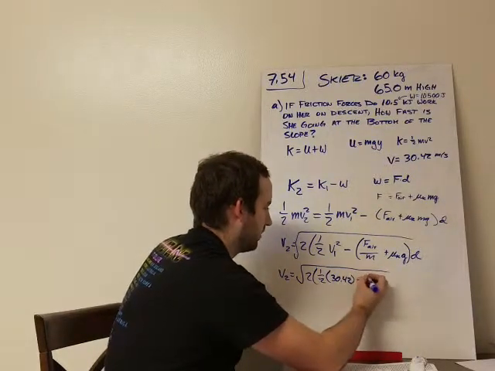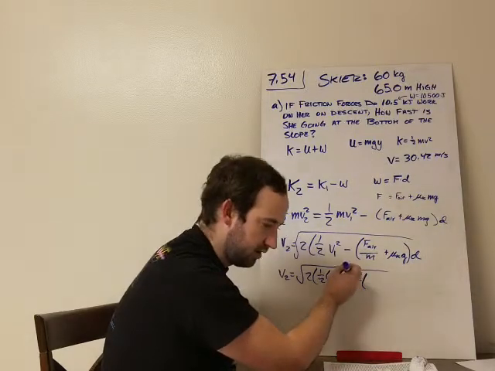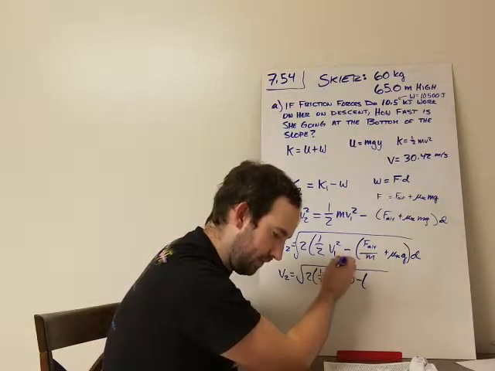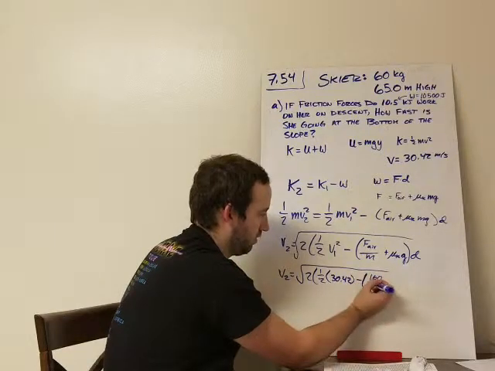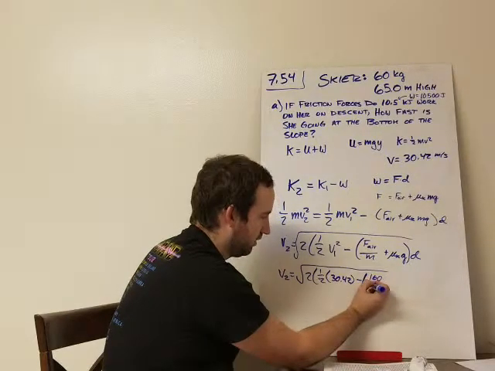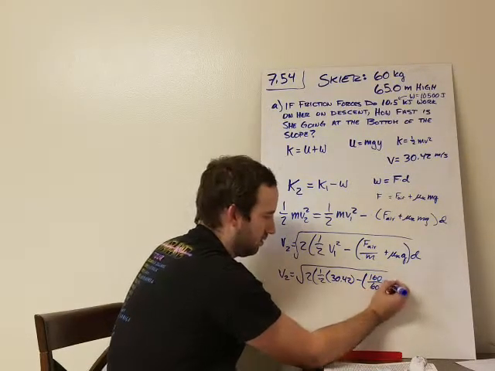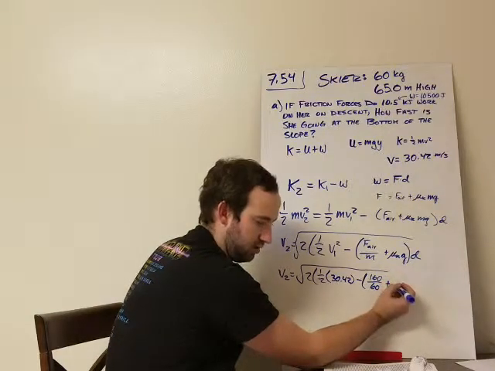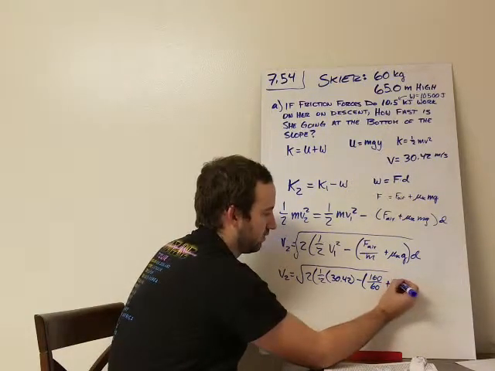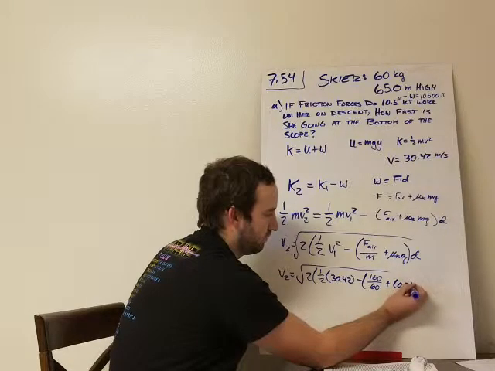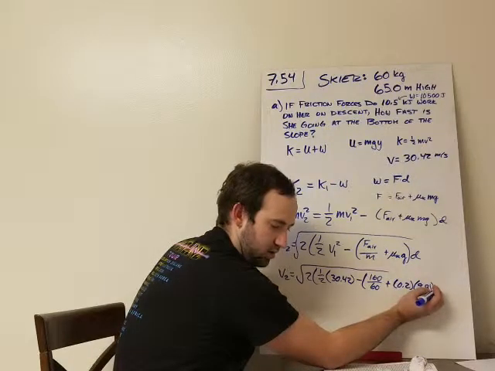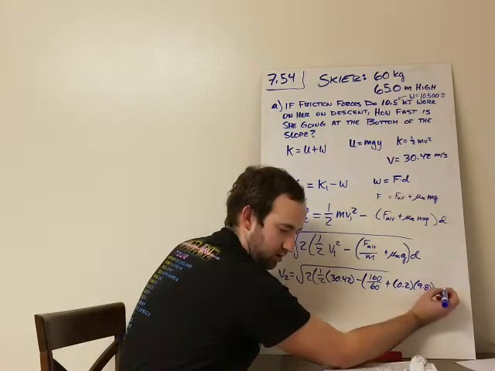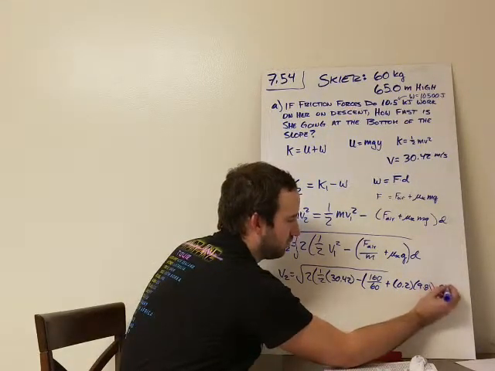Then minus the air, which was 160 newtons over the mass, 60, plus the coefficient of friction, which was 0.2, times gravity, 9.81, and the displacement was 82 meters.